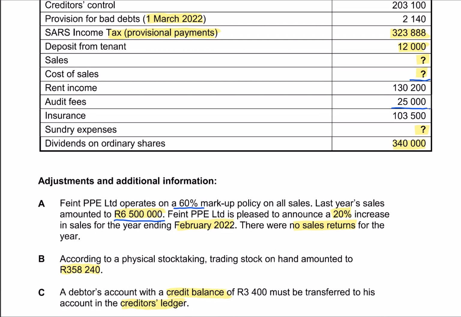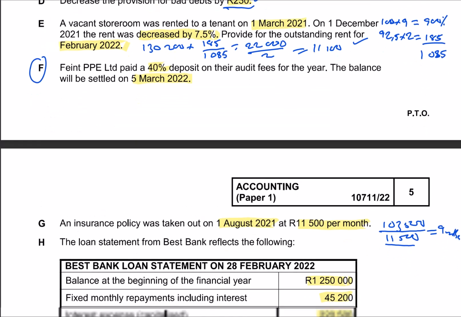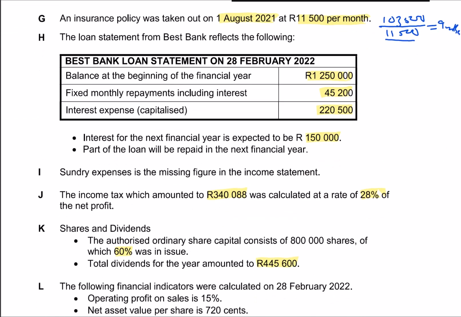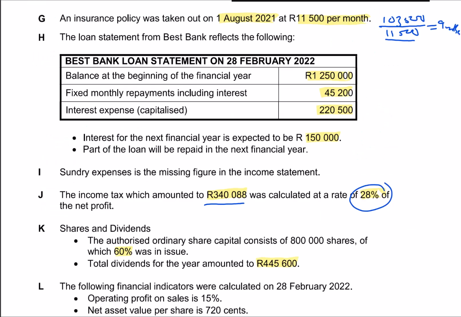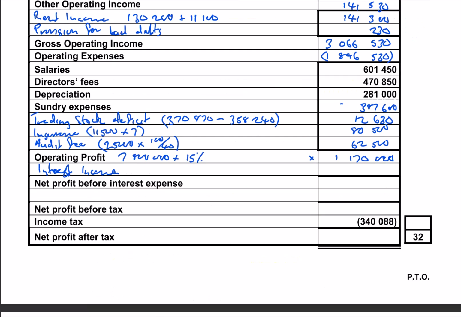Then we are told as well that your tax is 340,088, which is 28% of the net profit.